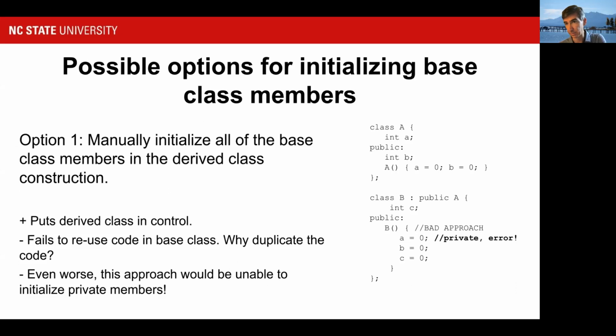A good thing about this approach is that B is taking responsibility for initializing everything, including the parts of class A. So that's good. But the bad thing is that it doesn't work. There's a syntax error.